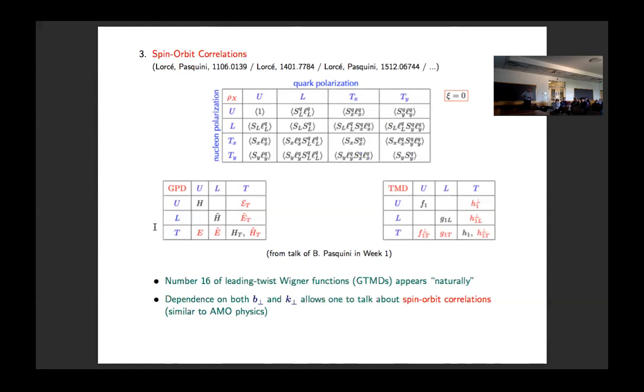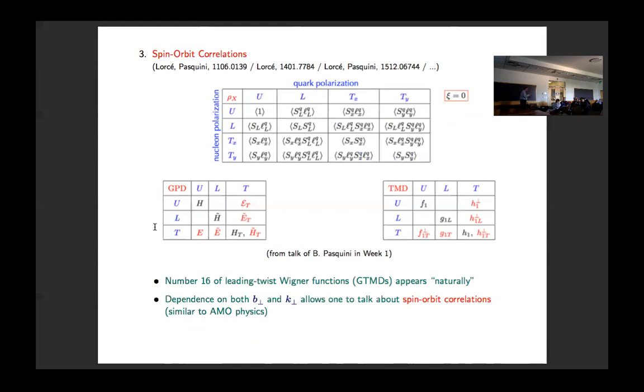And another point, which from a physics point of view I find really very exciting, is that using the GTMDs or the Wigner functions, we now for the first time can, in a true sense, speak about spin-orbit correlations. We have been doing this for years when talking about GPDs and TMDs, but for GPDs you have only correlations that involve spin of the nucleon, spin of the parton, and position of the parton.